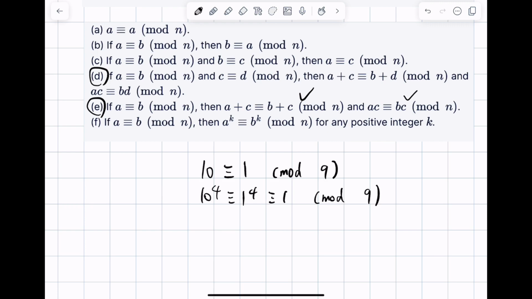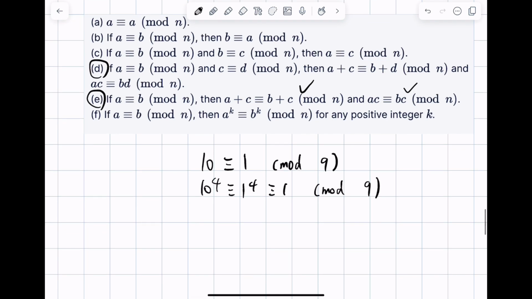Right? Similarly, we also have 5 is congruent to 2 mod 3. Then 5 to the power of 7 is congruent to 2 to the power of 7 mod 3. So now we've got all the tools that we need for the original question.